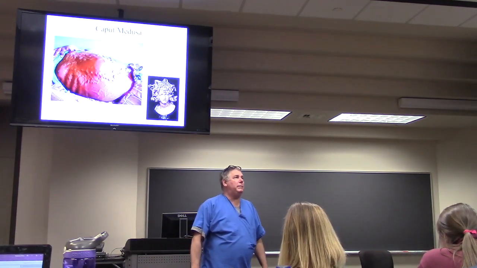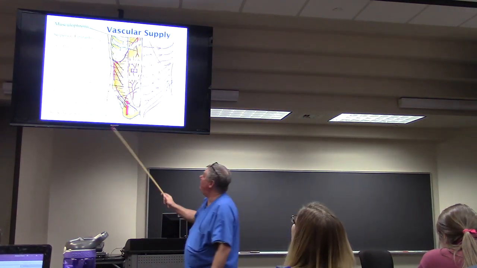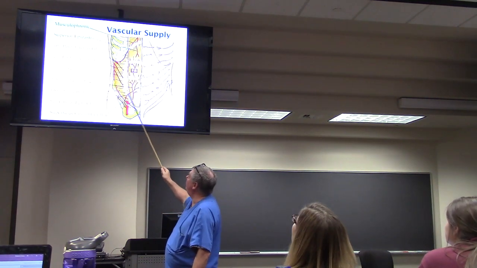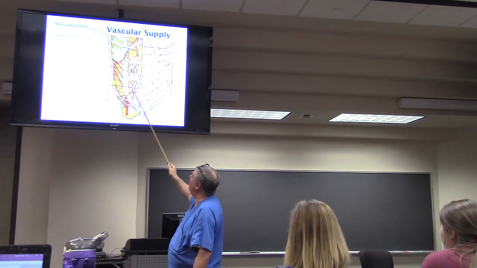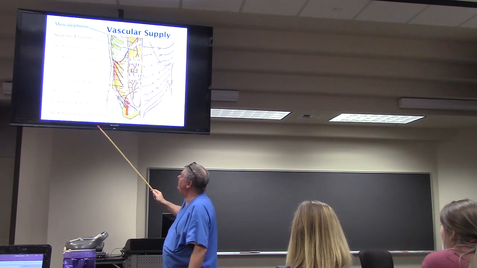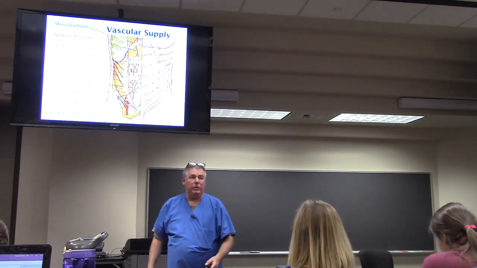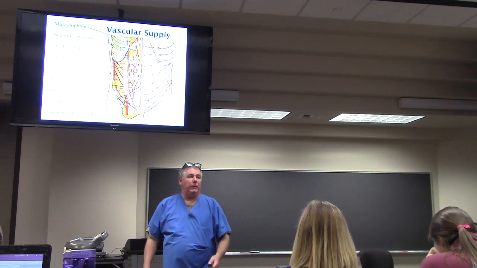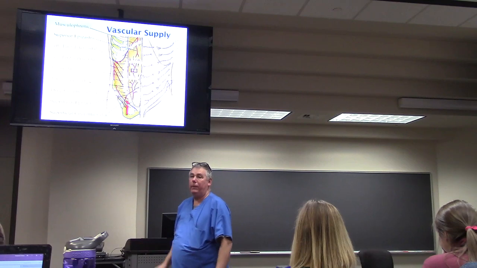This is something I'm going to bring up more tomorrow. When you see these superficial arteries like this, superficial epigastric, superficial circumflex, there's a vein that goes with the same name. So there's some venous drainage of the body wall here.